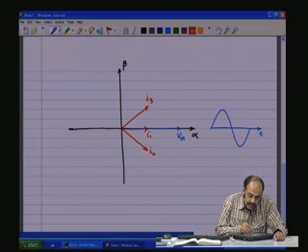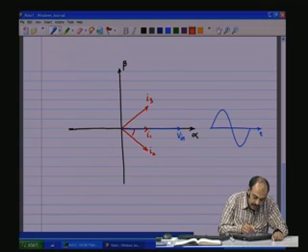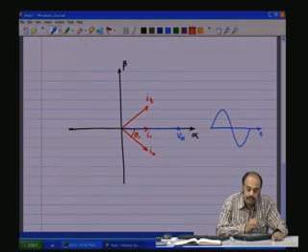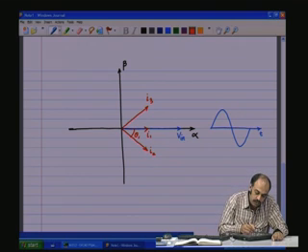So, this current I1 could be in phase with the applied voltage, or it could be lagging by some angle theta 1, or it could be leading by some angle theta 2.